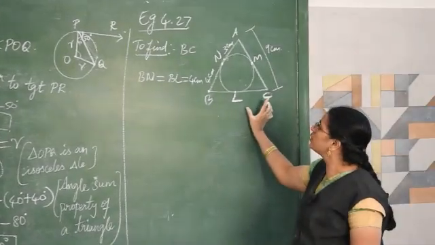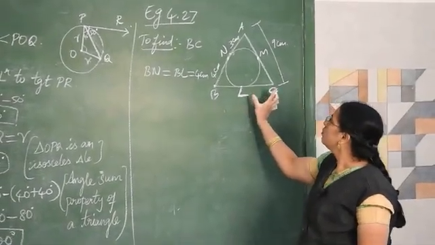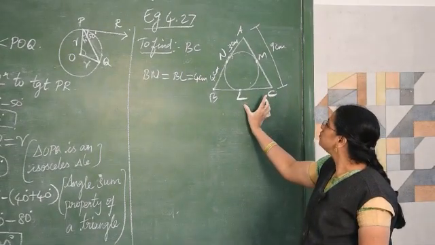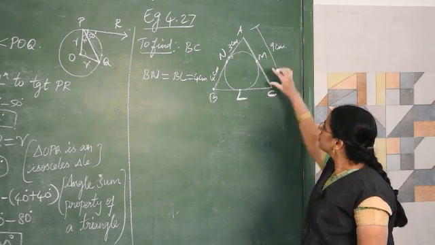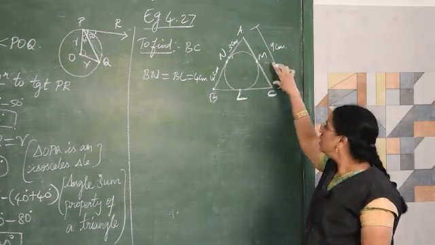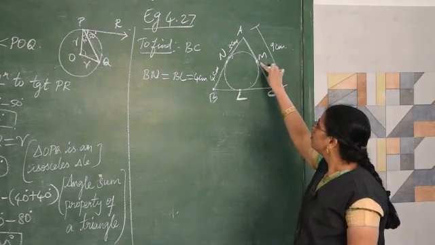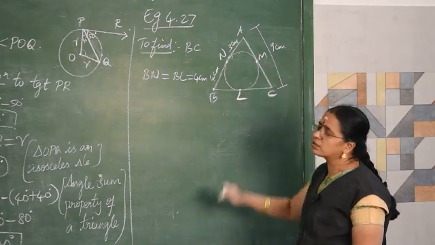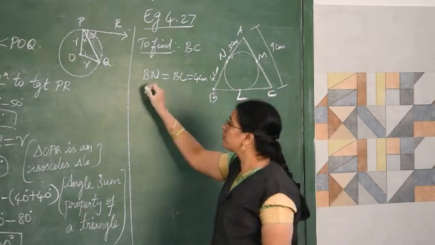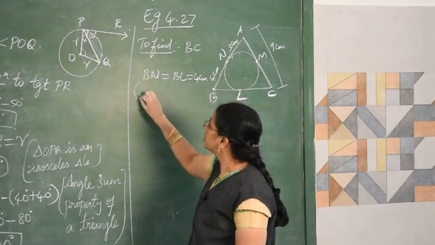Next we need to get LC. What is LC here? LC must be equal to MC. Here C is the exterior point. Two tangents drawn from an exterior point to a circle are equal, and here you should write the reason at least one time.